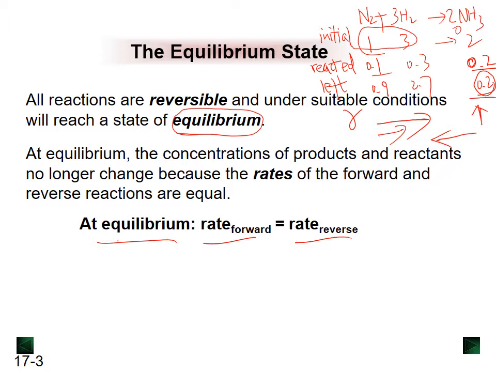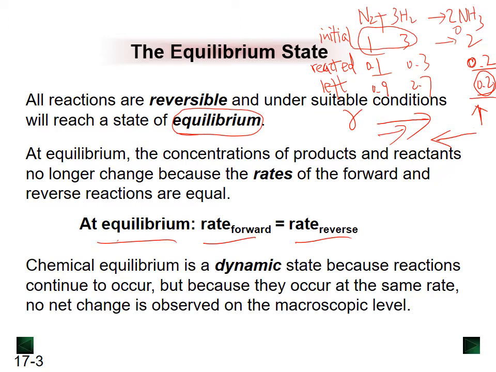Per second you make the same amount of reactants and product, so it doesn't change. So chemical equilibrium is a dynamic state because the reactions continue to occur, but because they occur at the same rate, no net change is observed on the macroscopic level.